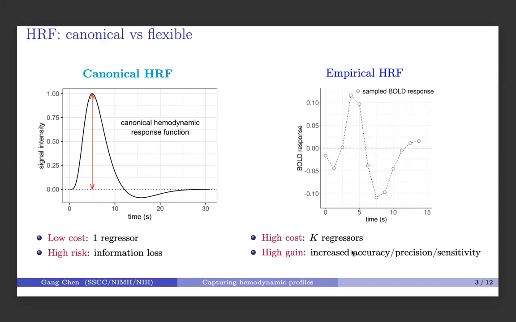In terms of risk and gain, there is a moderately high risk that we may lose some detection sensitivity. So hopefully, if we're willing to pay the high cost, we would gain some accuracy, precision, and sensitivity. That's our goal. So how can we do that?